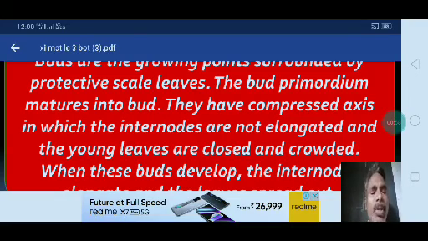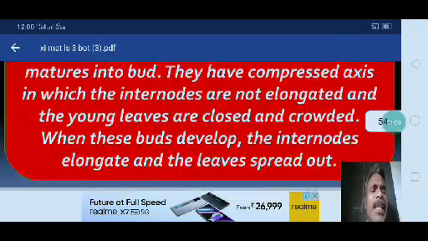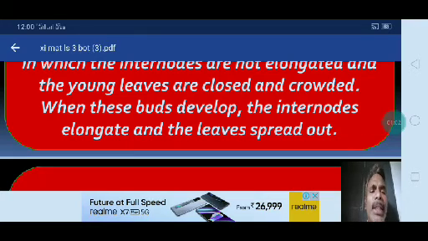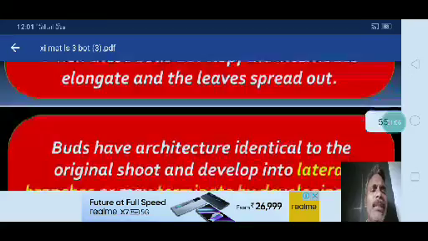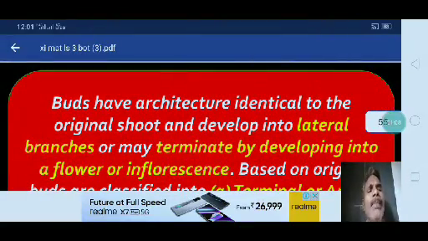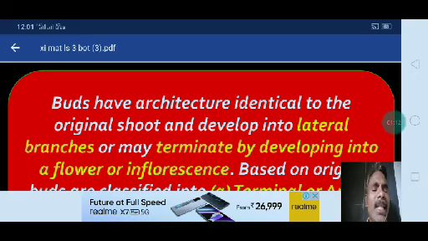When buds develop, the internodes elongate and the leaves spread out. Buds have an architecture identical to the original shoot and develop into lateral branches, or may terminate by developing into a flower, inflorescence, or anything else.